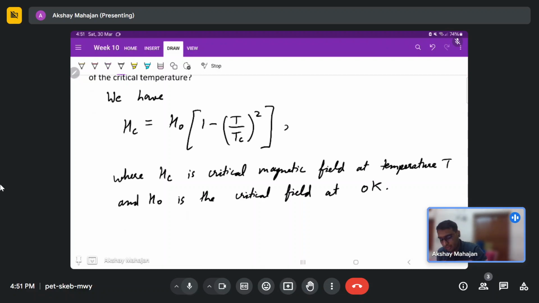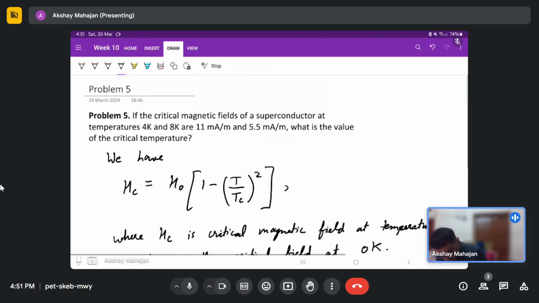Okay, you can put T equals 0 and Hc will be equal to H naught. Okay, then so we have to find what is the value of, okay, so we are given two temperatures and two critical field values, at two different temperatures. So we have to find the critical temperature, we have to find the Tc value. Okay, basically we have to find what is Tc.